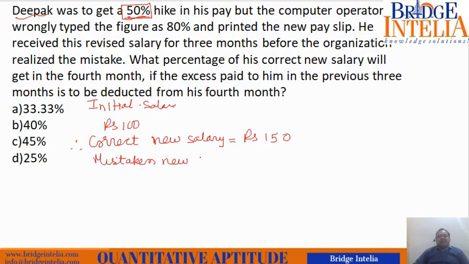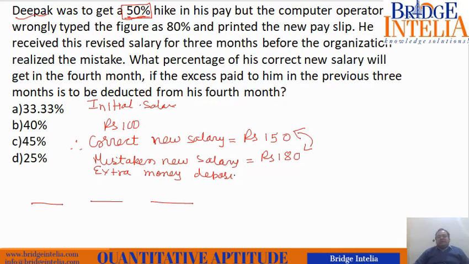But he started to get a mistaken new salary. By mistake of the computer, he started to get an 80% hike. That means rupees 180 he started to get in 3 months. So extra money was deposited by mistake.